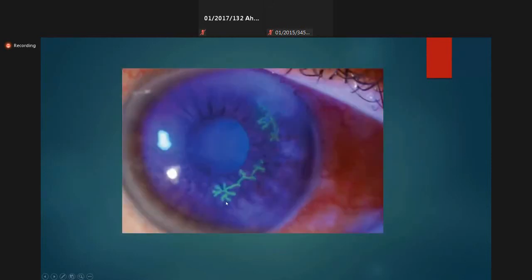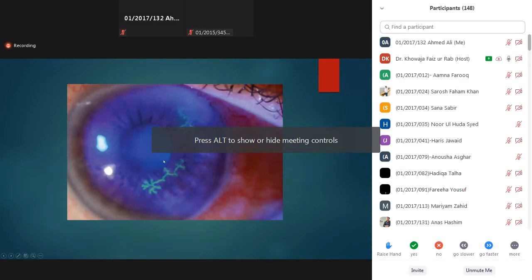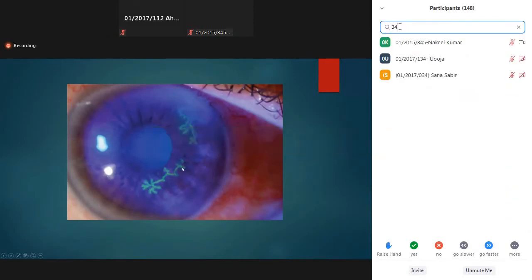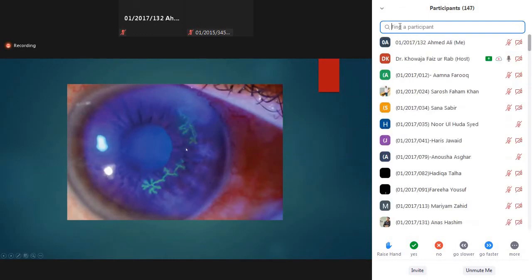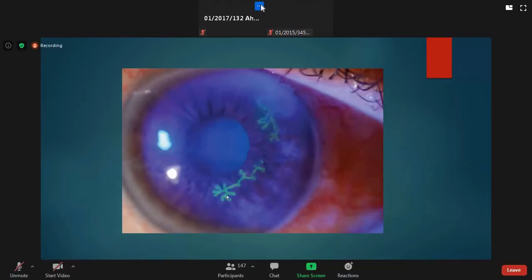Here you can see the cornea, iris, pupil, and lens, and you are seeing these branching deposits or branching pattern. This is pathognomonic of herpes virus ulcer, dendritic ulcer.